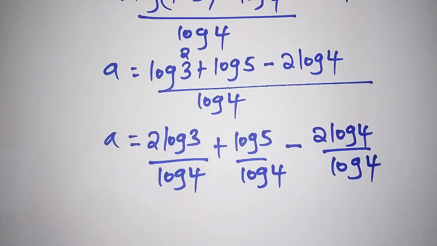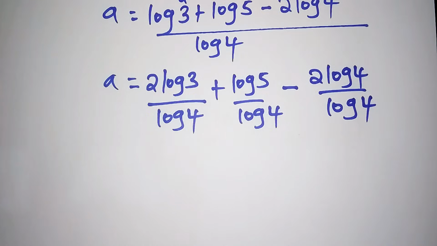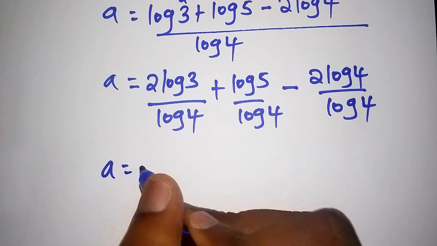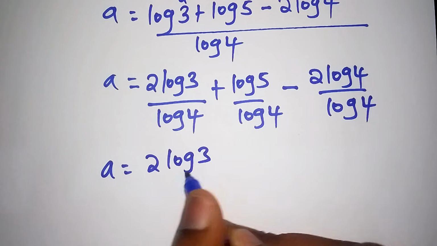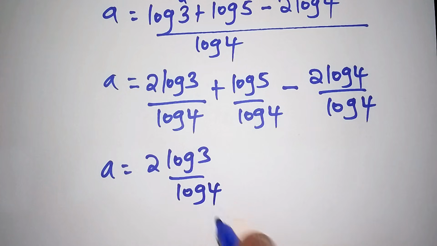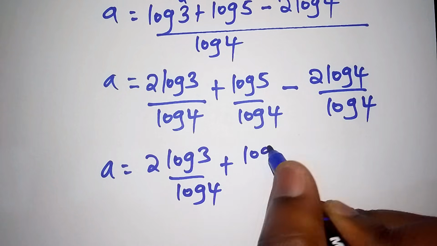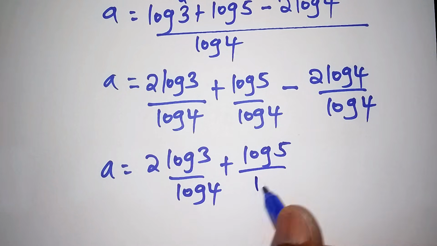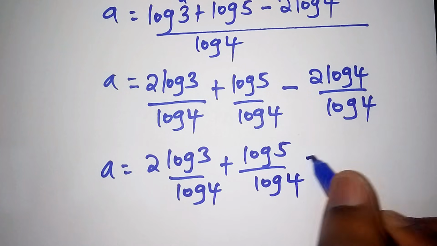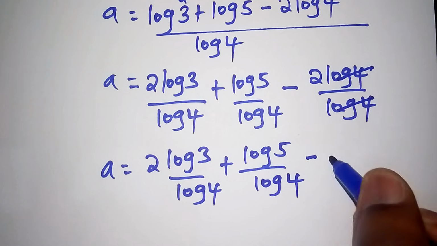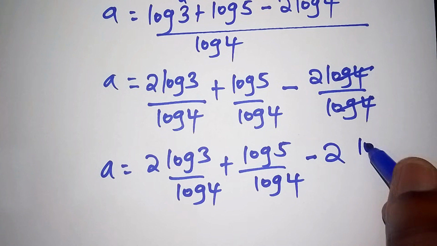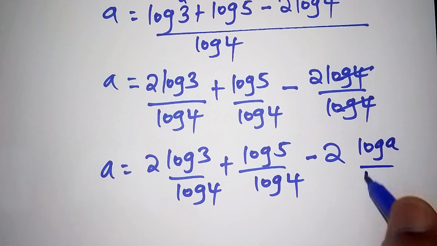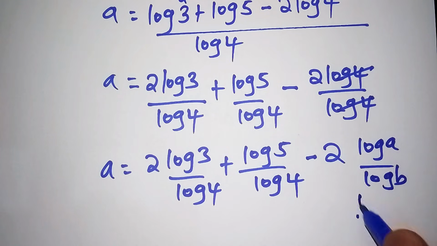So next we shall say that a is equal to 2 log 3 all over the log of 4, plus the log of 5 all over the log of 4, minus. Log 4 and log 4 shall cancel, so we shall have minus 2. Assuming that we have the log of a all over the log of b, this can be written as the log of a to the base of b.